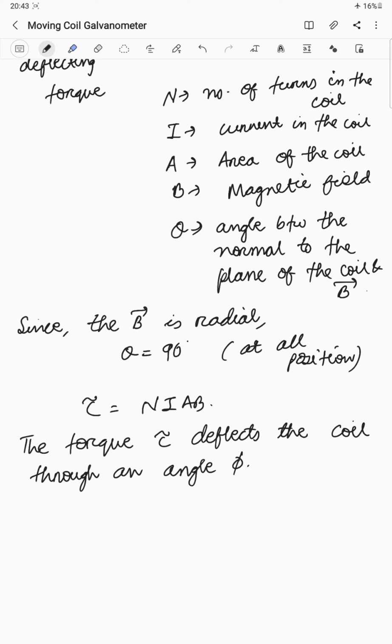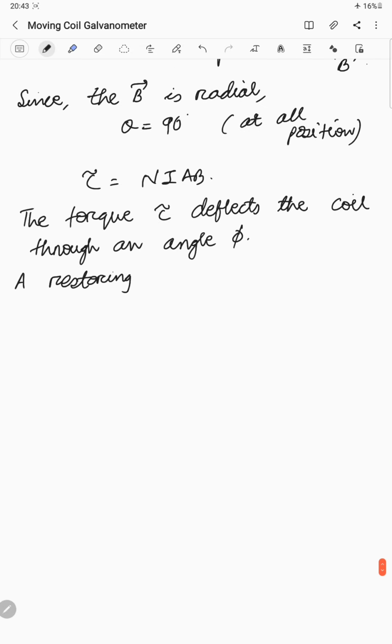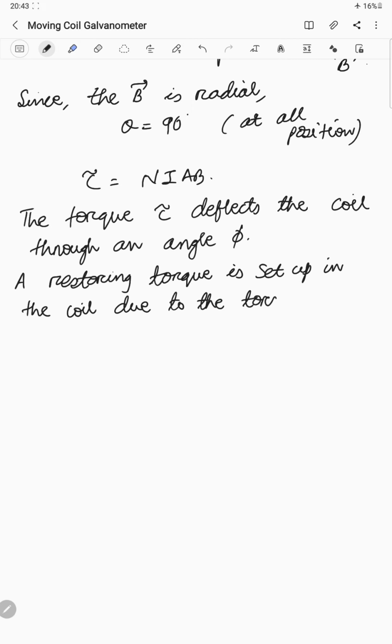Because we have a torsional wire. So a restoring torque is set up in the coil due to the torsional wire, and this is called the restoring torque. So tau will be equal to K phi.